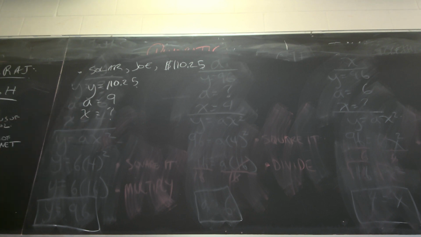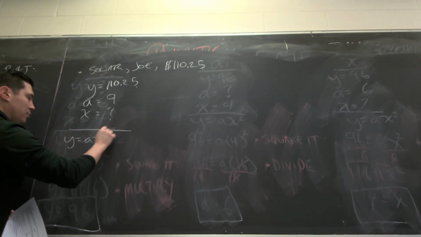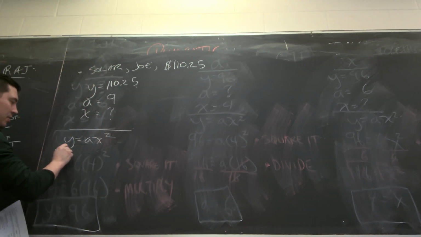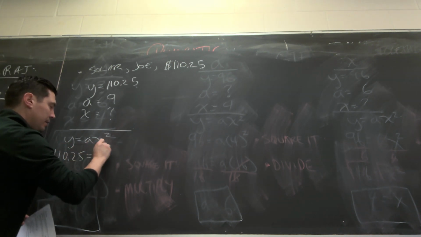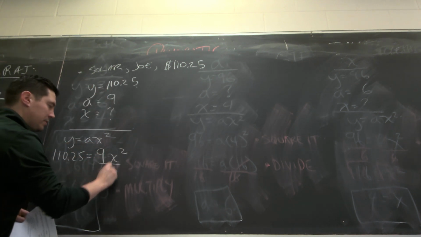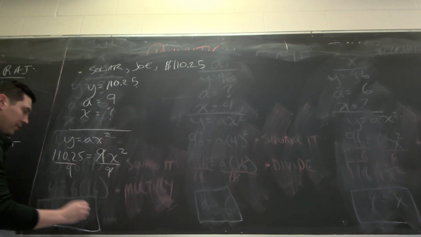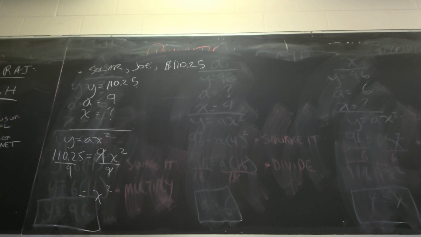That was Yanni's. So from here on in, now that I've identified it, this is the rule I'm working with. I know I'm solving for X, so 110.25 equals A, or 9, X squared. My memory aid says I will divide first. Where did I put my calculator?